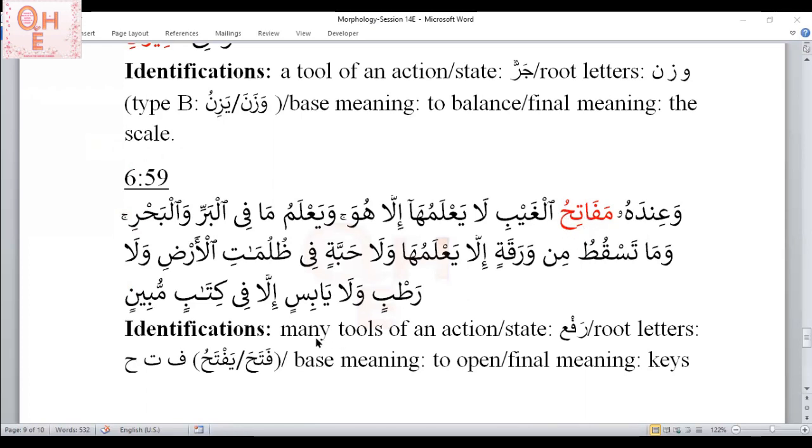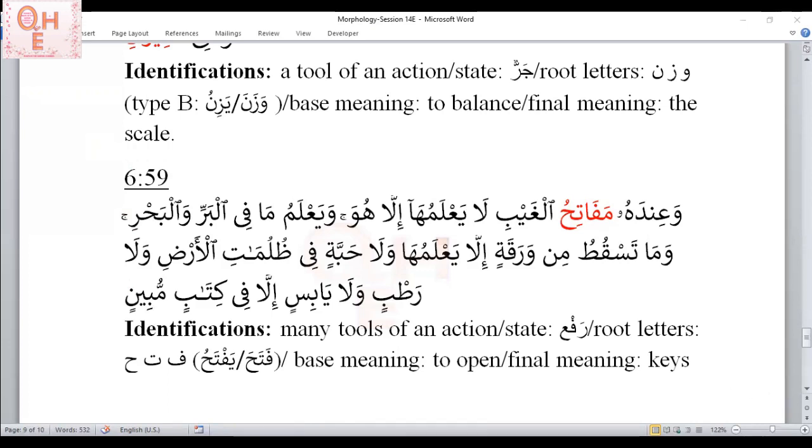So in general, this means many tools of an action. State is rafa. Root letters: fataha, yaftahu, type D, we learned it before. Base meaning: to open. Final meaning: what is the tool we use to open something? Keys, right? Because this is a conjugation of plurals, we are going to say keys.